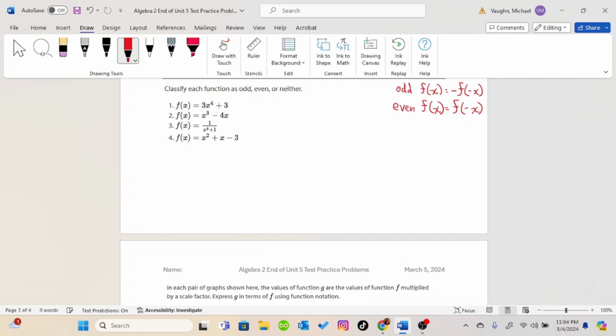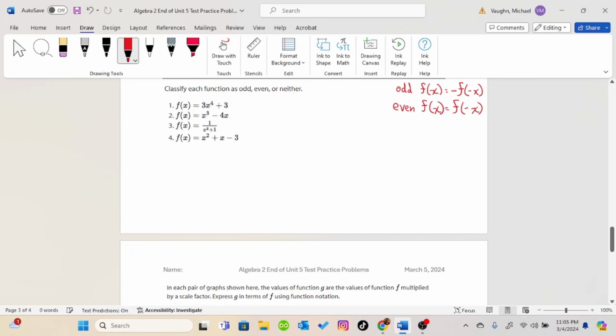This graph is symmetrical around the y-axis, so your x value and your negative x value should have the same y value. That way, if you reverse them, it looks exactly the same. So if you get the same thing back when you plug in negative x, it's even. If you get the exact opposite back when you plug in negative x, then it's odd. And if it's a mixture, then it's neither.